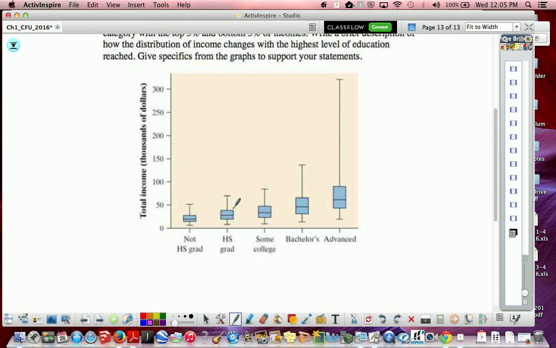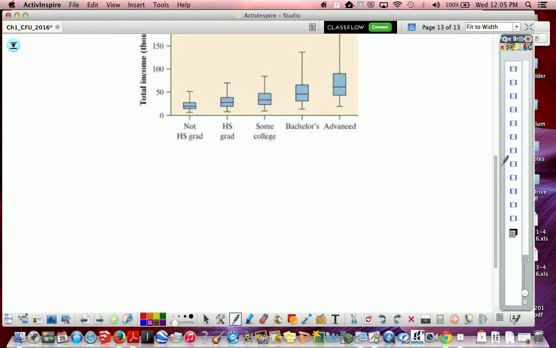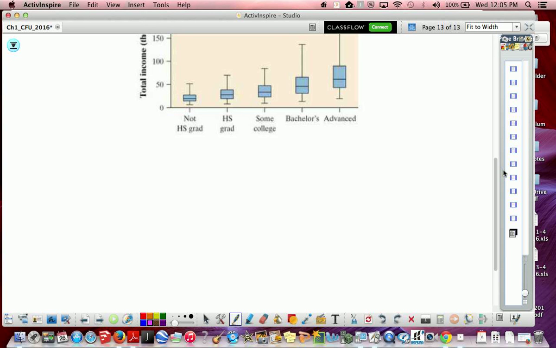The width of your interquartile range also increases, suggesting that the distributions start to become more and more spread out. So let me write those all up for you here.